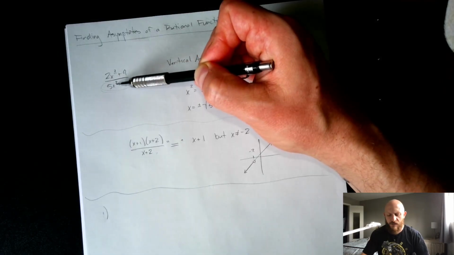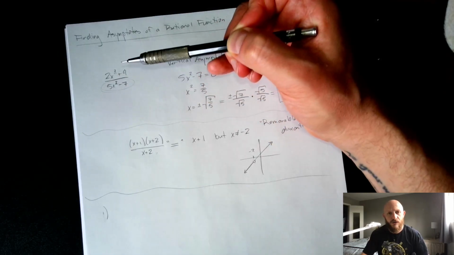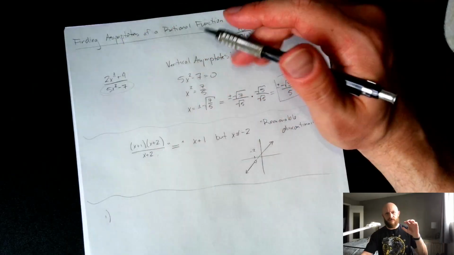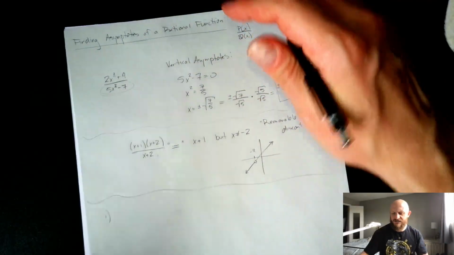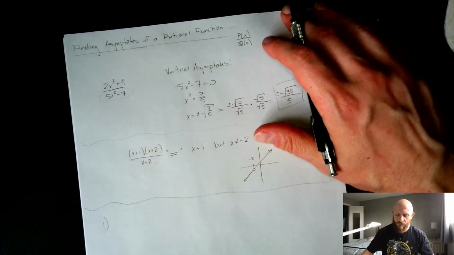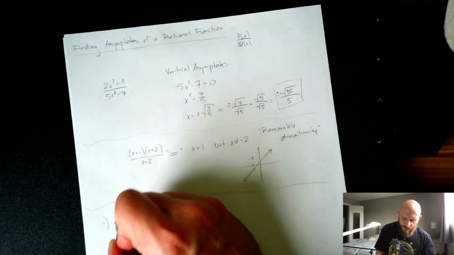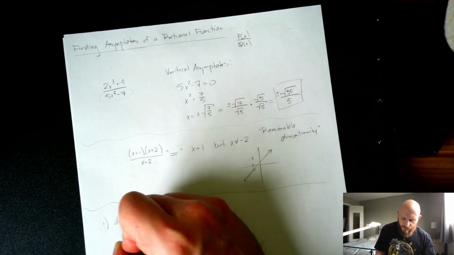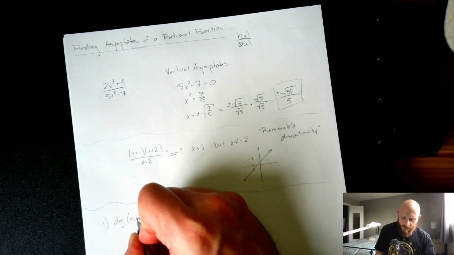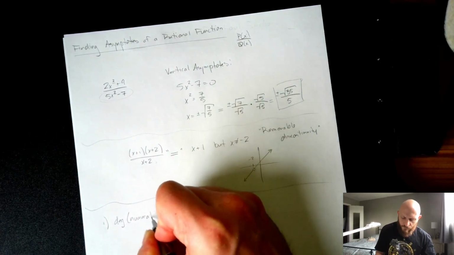The degree of the denominator is also 2. So it's the largest exponent that is attached to x. That's the degree of the polynomial.